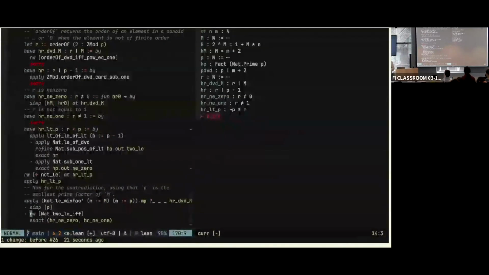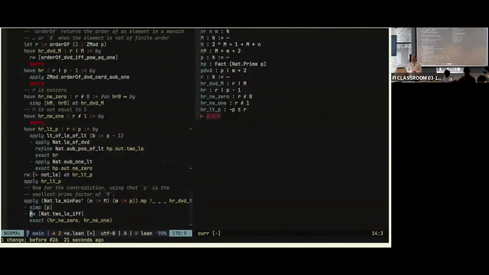Z mod p is not a group. It's multiplication, because order of is for the monoid structure of multiplication. So if you take an element of z mod p, two things can happen. Either some power is 1, and the order will be the strictly positive integer that makes the power be 1. Otherwise, no power is 1, like if you take the order of 0 mod p, and then the convention is to return 0.